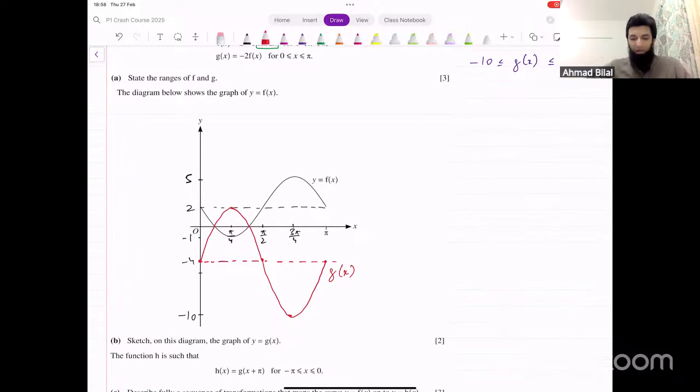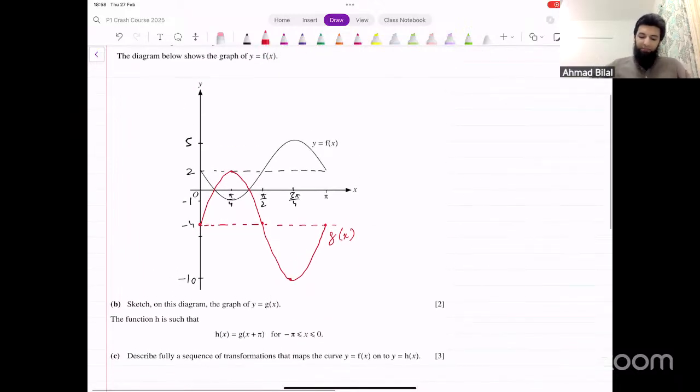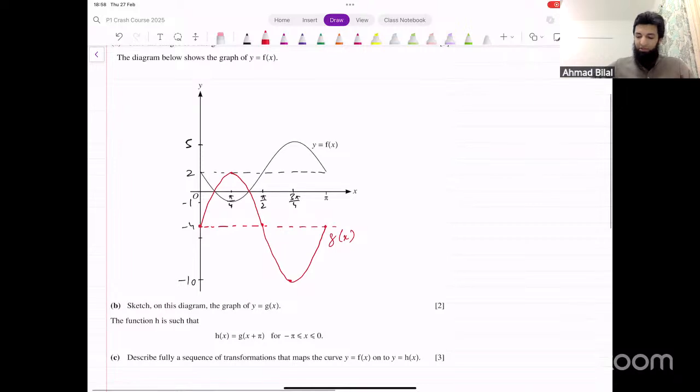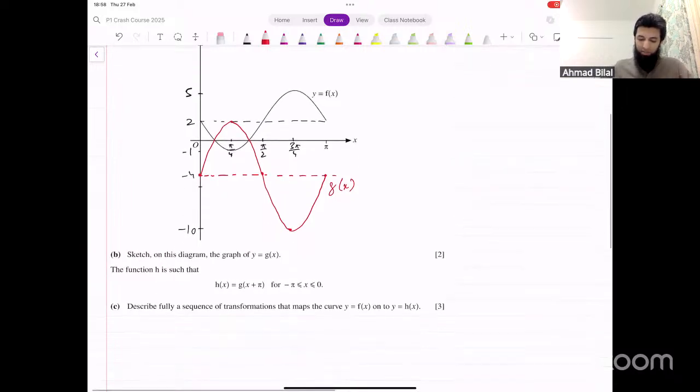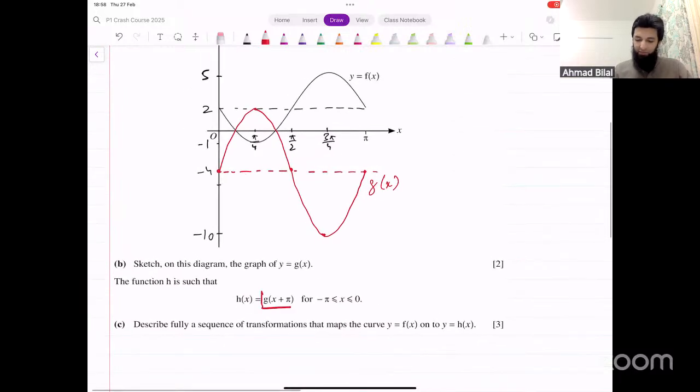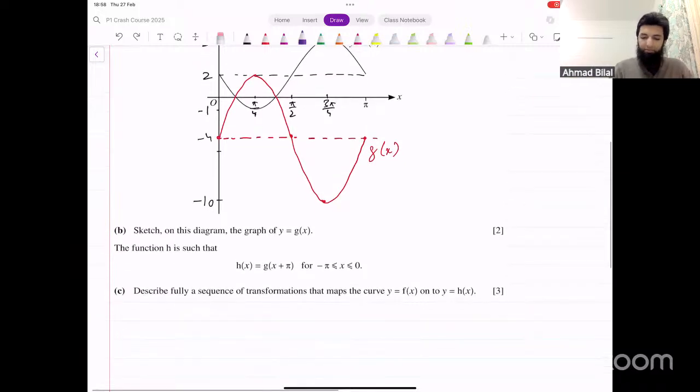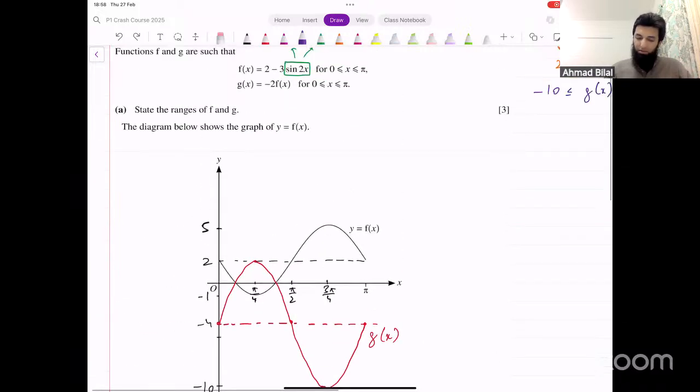Okay. Now they're saying describe fully a sequence of transformations that maps the curve f of x onto h of x. Okay, and what's h? H of x is g of x plus pi. All right. Now, what does that mean?